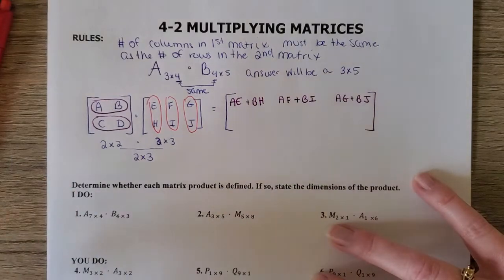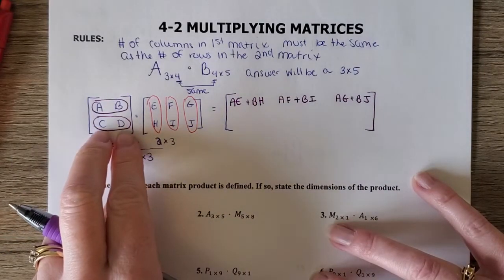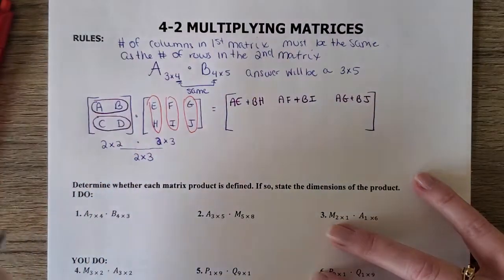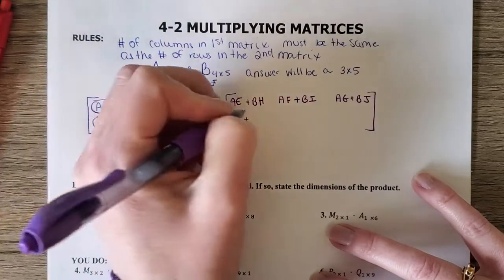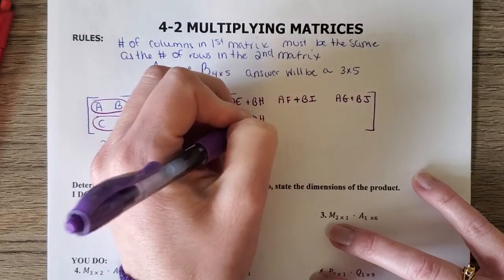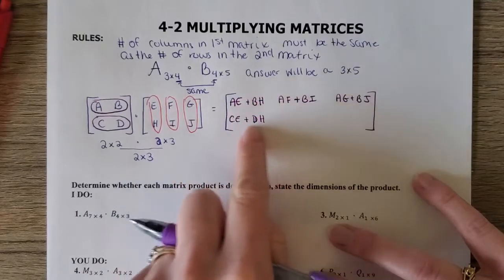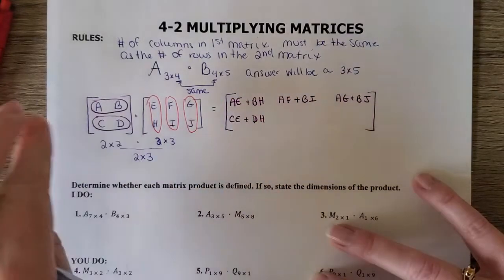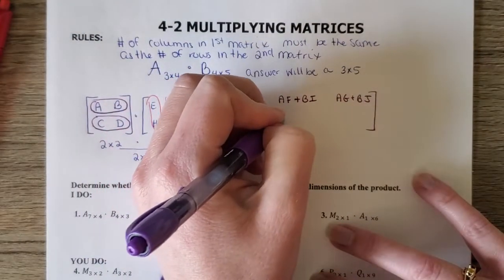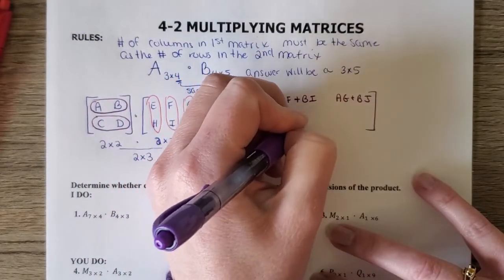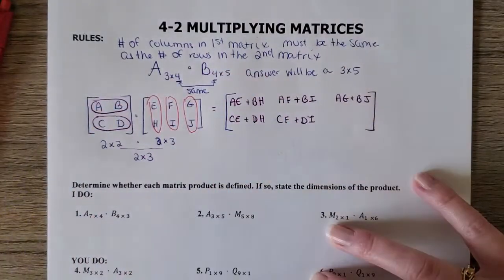Now we're going to do the exact same thing, but with the second row. We take the row C, D, flip it and land it: C is going to land on the E, and the D is going to land on the H. If you check, your first letters should be different, but the second should be the same in that position. Doing the same thing, the C, D lands on the F, I, so we have C with an F and a D with an I. Again, the second letters match, the first are different.